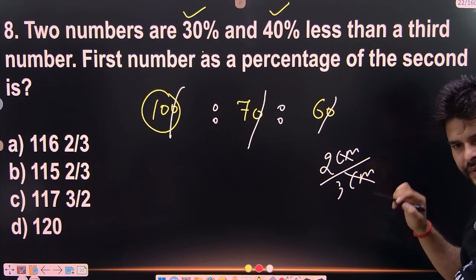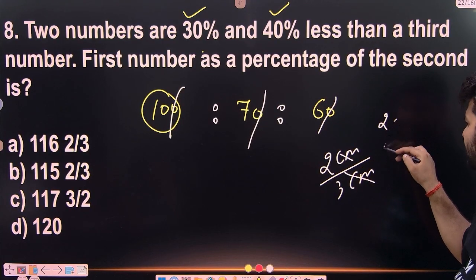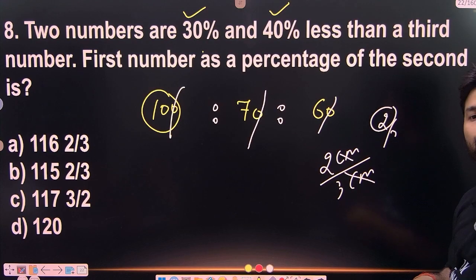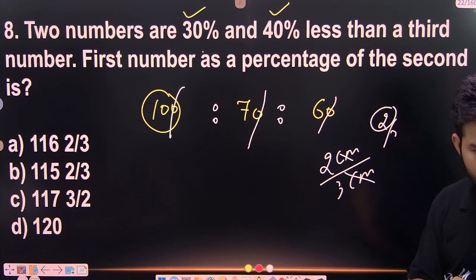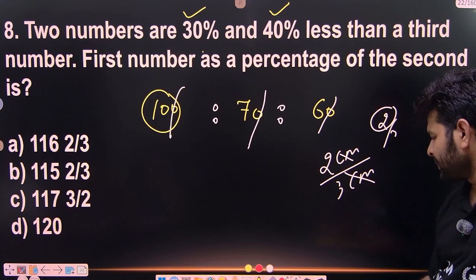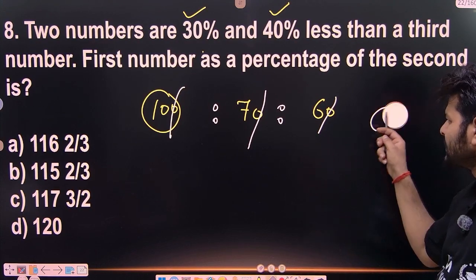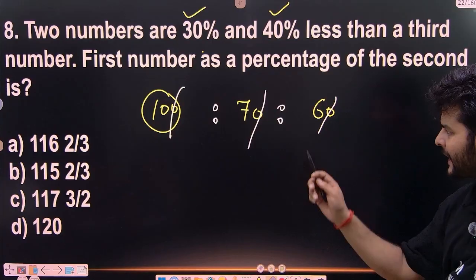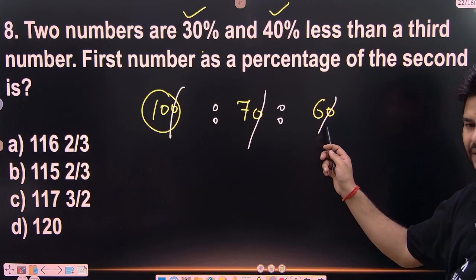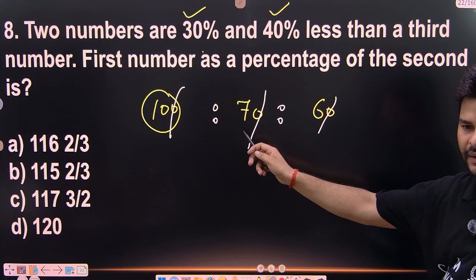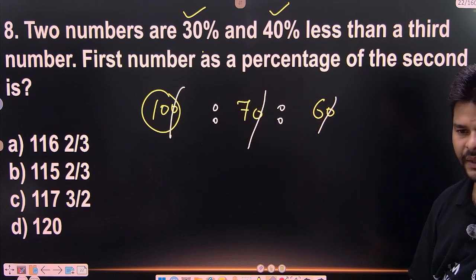Centimeter cancels out centimeter, and the value would be 2 by 3. There is no unit of a ratio. So that means if the first number is 6, the second number would be 7 and the third number would be 10.